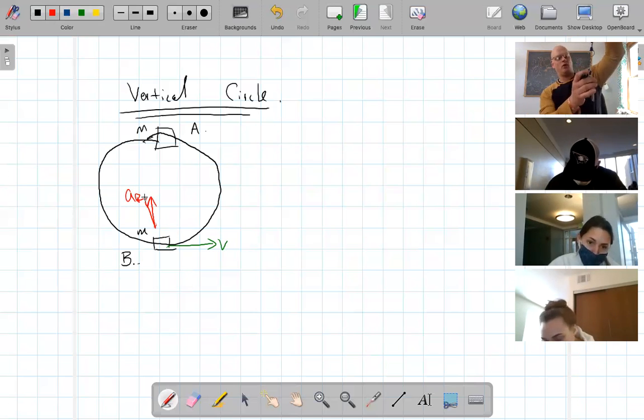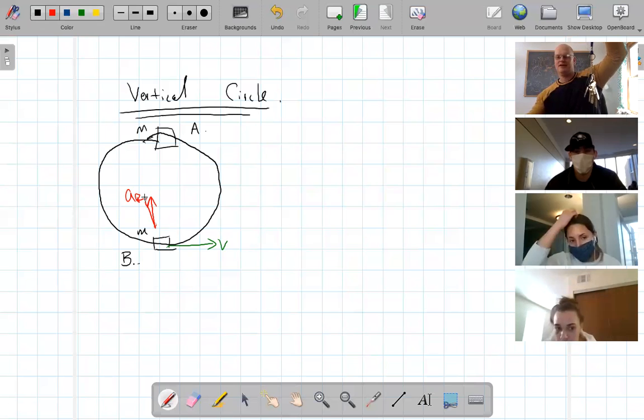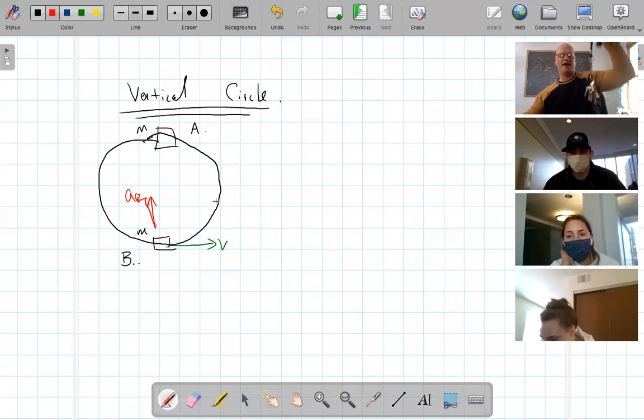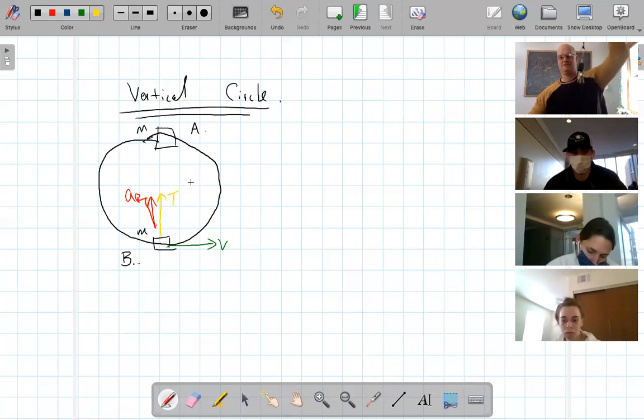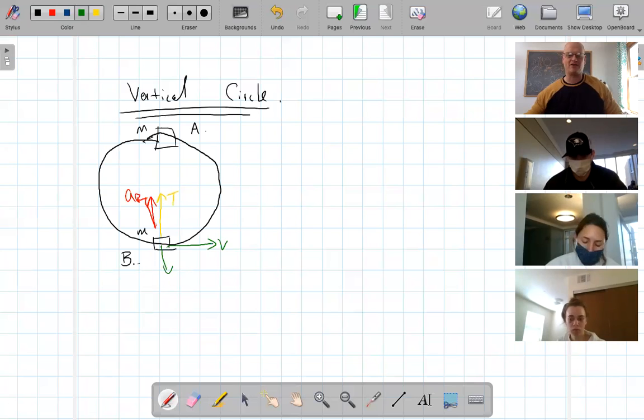On my keys, what are the forces which are acting? Tension. Good, I got tension. Which way is tension? Upward, towards the center of the circle. And what else? Gravity, which is pulling straight down.